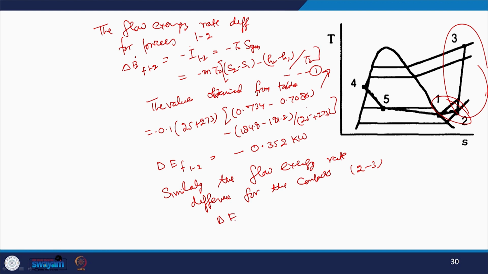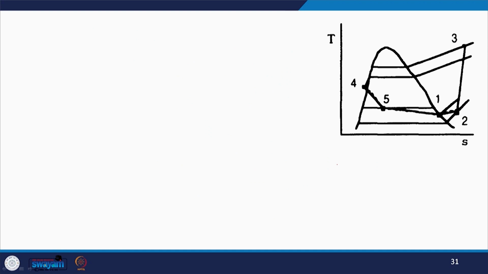So delta EF from 2 to 3, if we expand this mathematical relation, comes out to be H3 minus H2 minus T naught (S3 minus S2). That is equation number 2.